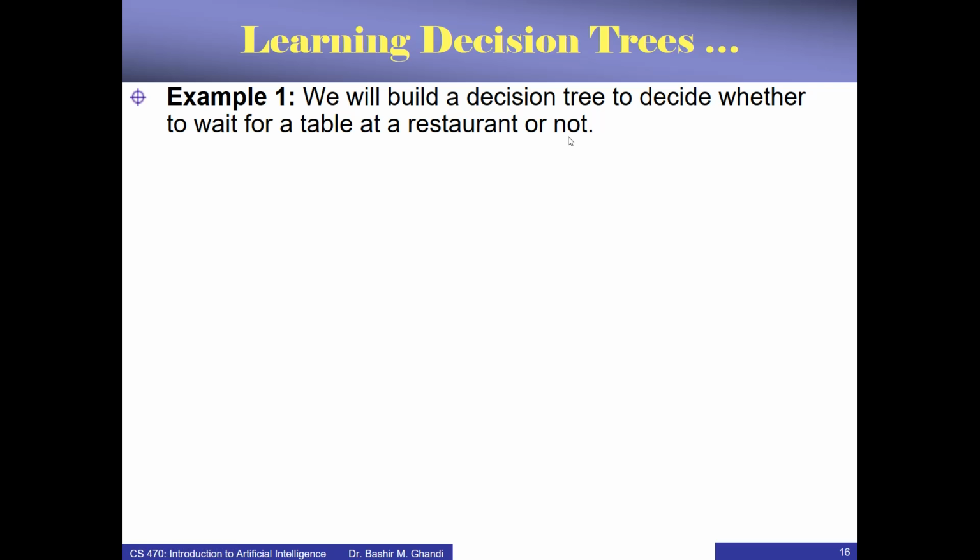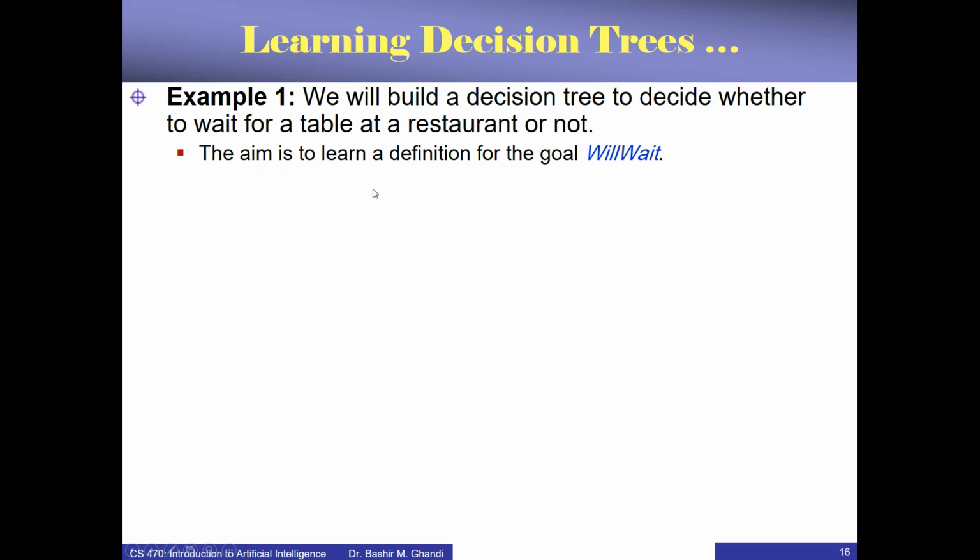So you came to a restaurant and you find that all tables are full. The question is, are you going to wait for a table to be free, or are you going to leave and try to find another restaurant, and so on? Okay, so this is our example.